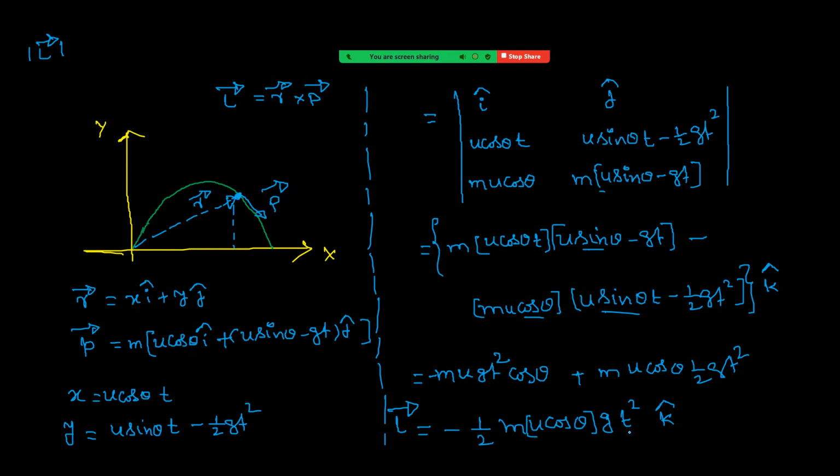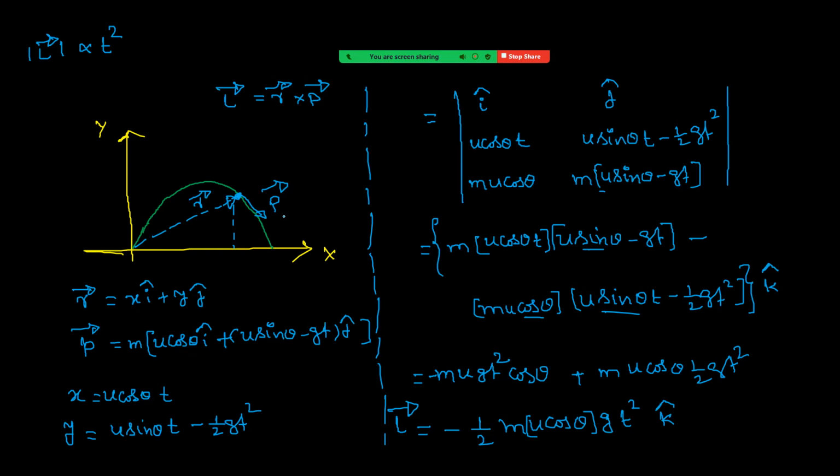The only variable is t, so it is proportional to t square. If you plot a graph of modulus of angular momentum versus time, it will be parabolic.